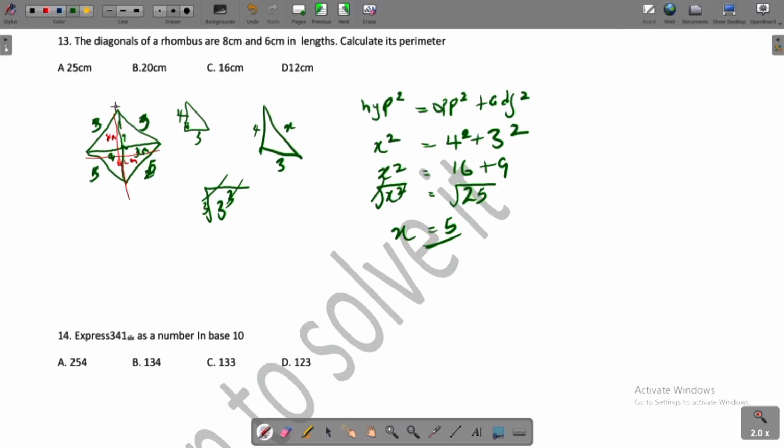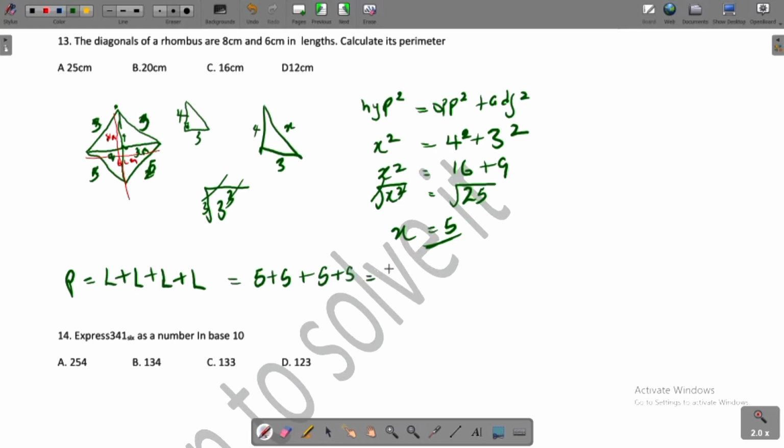Now, our side is 5 centimeter each. So the perimeter of this rhombus now is L plus L plus L plus L. And our L is 5. So that's 5 plus 5 plus 5 plus 5.